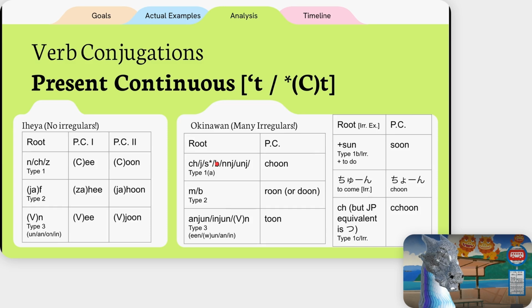That's because ch, d, and t are all basically kind of similar to t. It's why I use the letter T for that. And then there's a lot of irregulars.